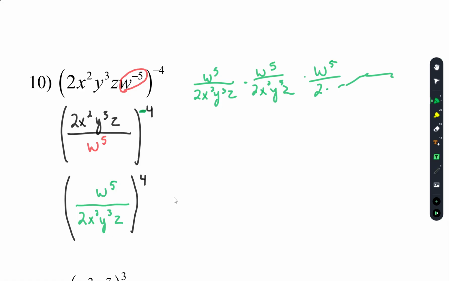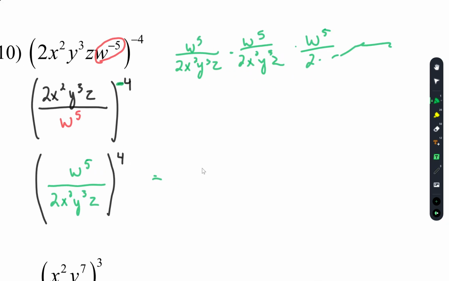So if you had 4 sets of 5, 5, 5, 5, 20. 20 of them. Yeah. So you're going to have 20 of them. And think of how many 2's you'll have. Okay? So 2, 4 times, 2 times 2 times 2 times 2, 16.